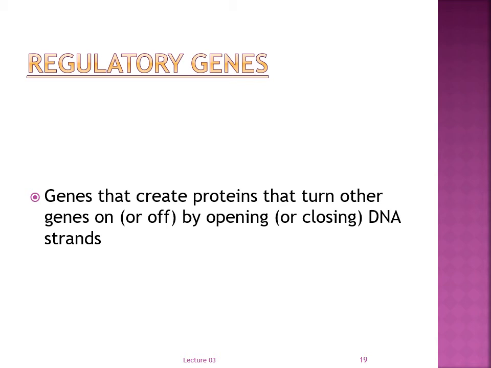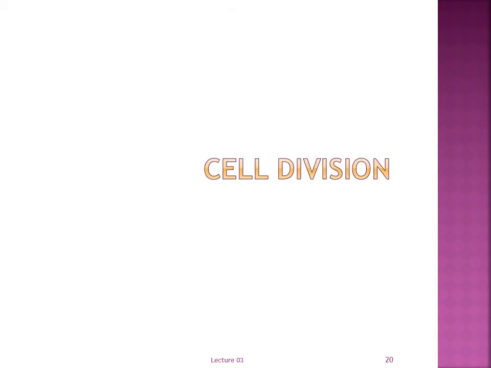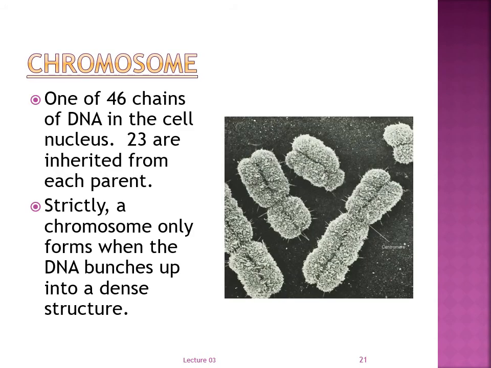So that explains why cells are different, but we still haven't really looked at why they're the same. For that, we need to understand cell division. In the nucleus of most human cells, there are 46 individual DNA molecules. 23 are inherited from your father, and 23 are inherited from your mother.